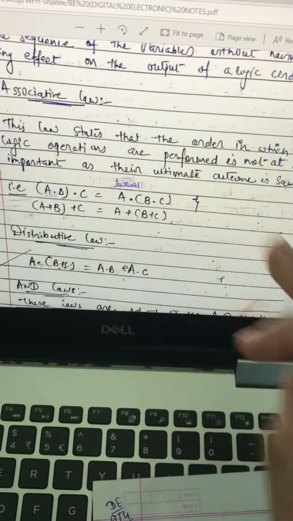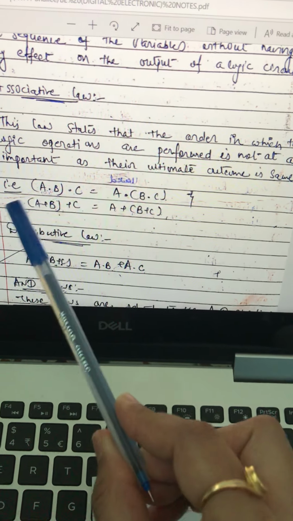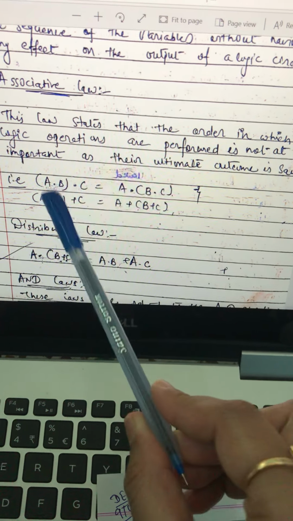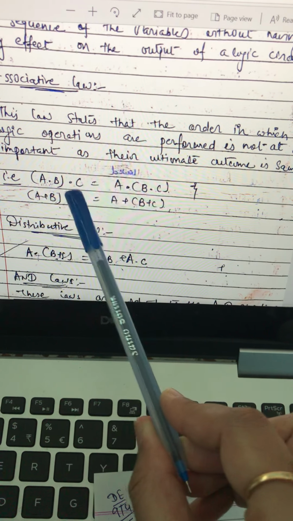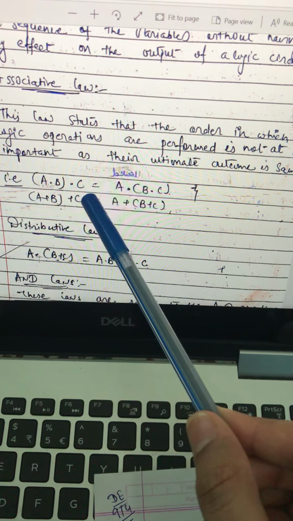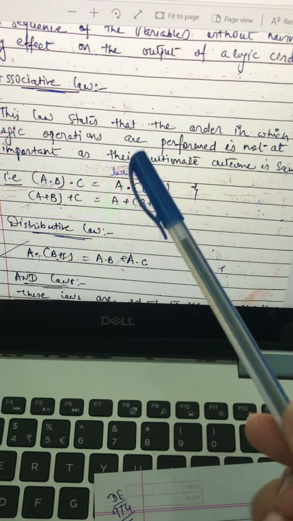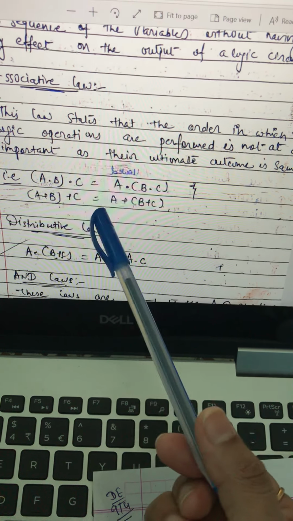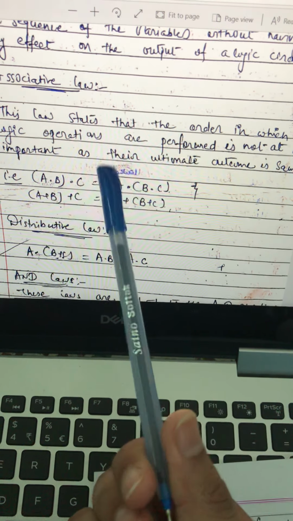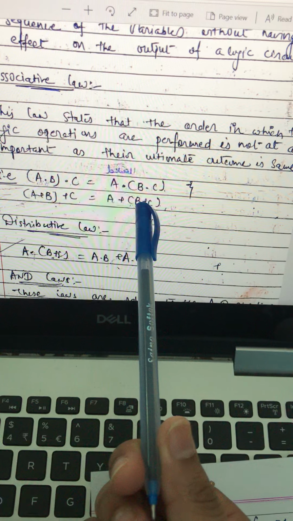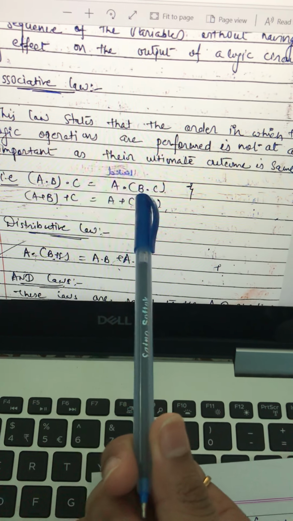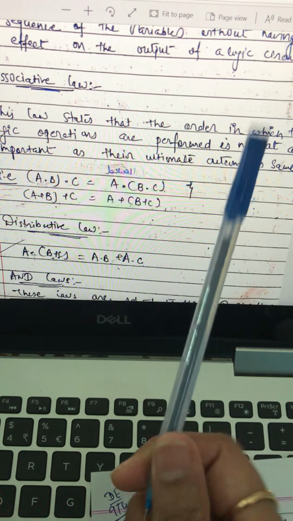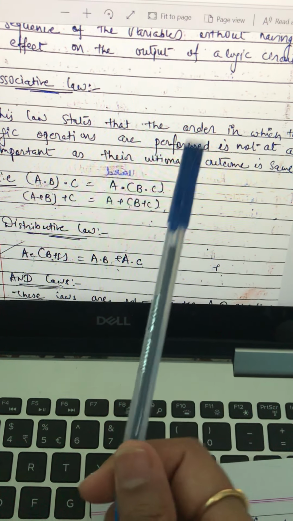Second is the associative law, which is (A dot B) dot C equals A dot (B dot C). This is the bracket rule. If you open the brackets, you will get the same answer, and the same holds for the plus sign, for ORing. If you want to understand this again, you can put in some numerical values just for understanding, because Boolean algebra does not use numerical numbers.